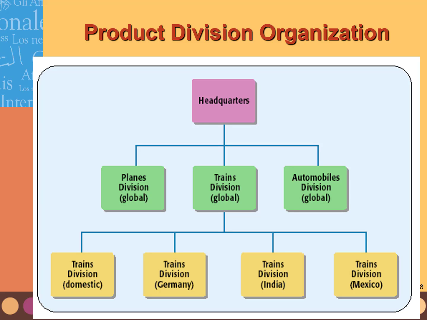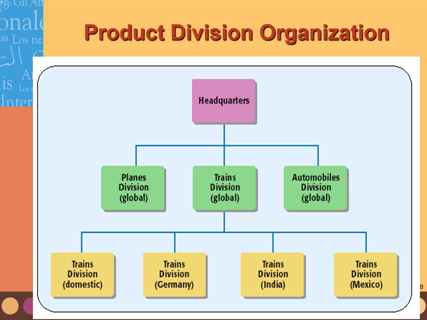In this hypothetical company, maybe in their automobiles division, they don't have multiple countries. Maybe they only make cars for the US, or only for, say, Brazil. When you divide by product, this is for companies that are very large and have very diverse product lines.